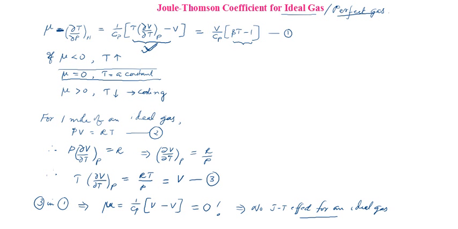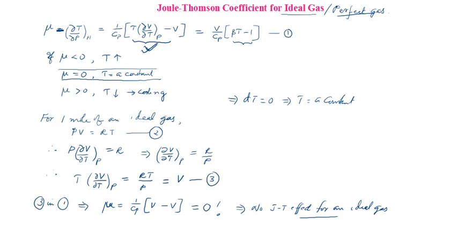Whether an unknown sample of gas can be considered an ideal gas, or whether its behavior approaches that of an ideal gas, can be ascertained by making the gas undergo Joule-Thomson expansion. That is the relevance of the Joule-Thomson coefficient. So we can conclude that dT is equal to 0, or T is a constant.